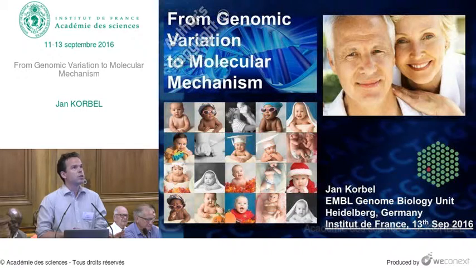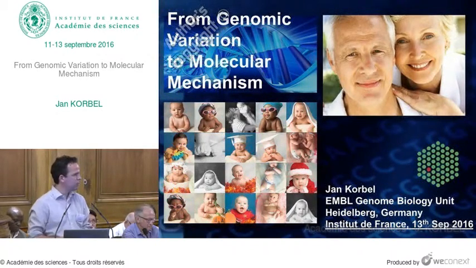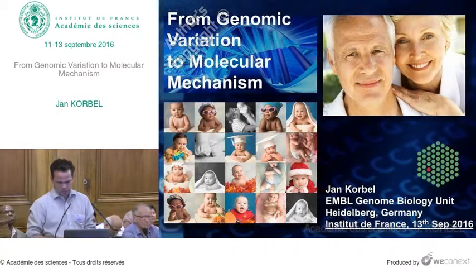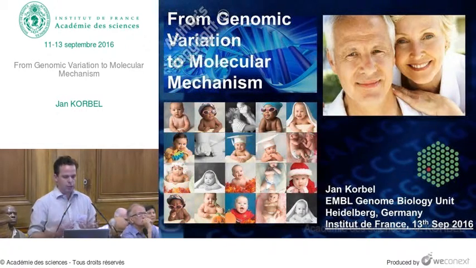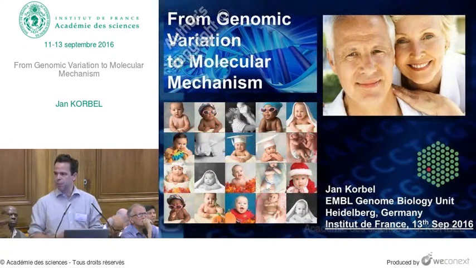So my interests are to understand genomic variation and, by studying genomic variation, to learn about mechanisms in biology and more particularly disease mechanisms. And my laboratory uses both computational biology as well as experiments.